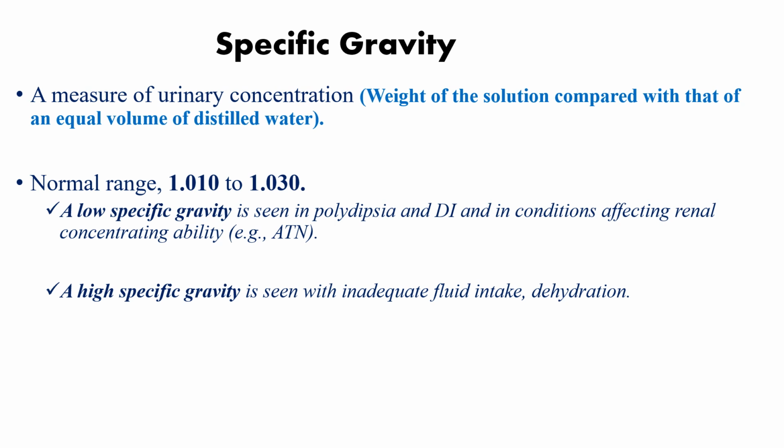A low specific gravity is seen in polydipsia and diabetes insipidus, and in conditions affecting renal concentrating ability. A high specific gravity is seen with inadequate fluid intake or dehydration.